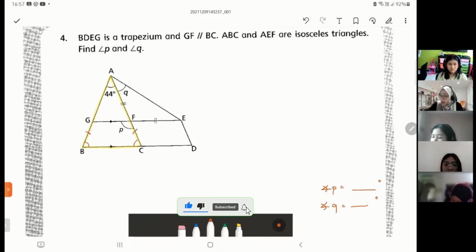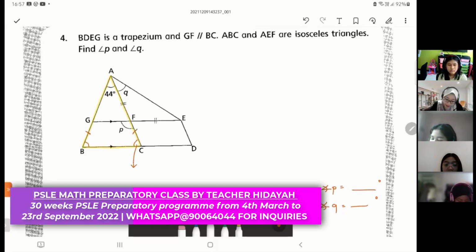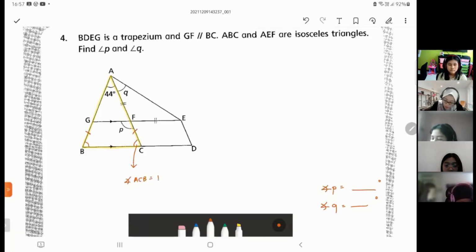And how do I do that? If I want to find this angle, that is angle ACB. Angle ACB is equal to 180 degrees take away the 44 degrees, answer divided by 2, equal to 136 degrees divided by 2, and I get 68 degrees. This is 68 degrees, okay?